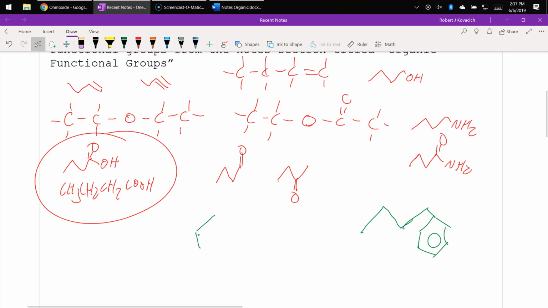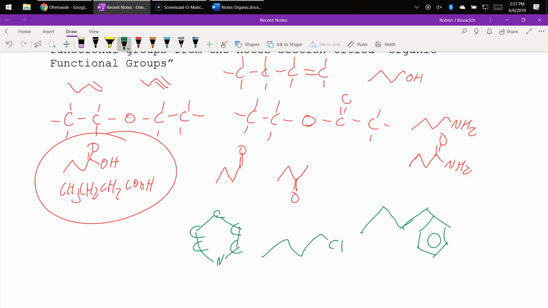So 2, 3, 4, something like that. So carbon, carbon, carbon, carbon, carbon, and then a nitrogen stuck in that ring structure. Let's see. Oh yeah, 2, 3, 4. Alkyl halide. I think that's it.